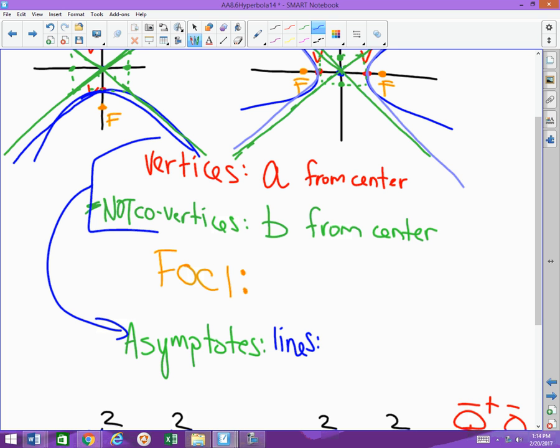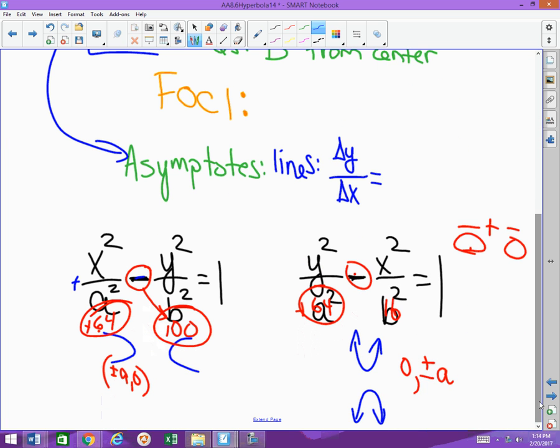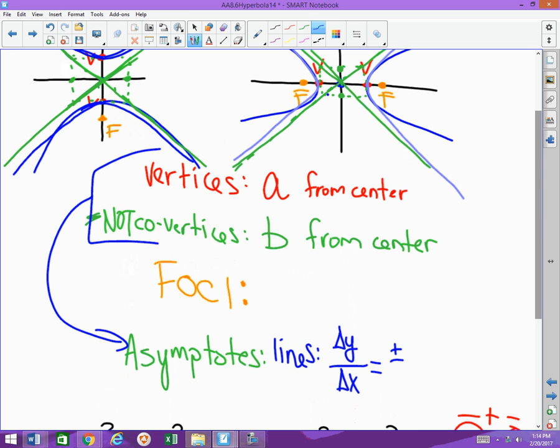And if you want to find the slopes of the lines, remember slope is the change in y over the change in x. Well, in this case, you would put the value plus and minus because you have both a positive slope and a negative slope. That's a positive slope and a negative slope, and here's a positive slope and a negative slope.